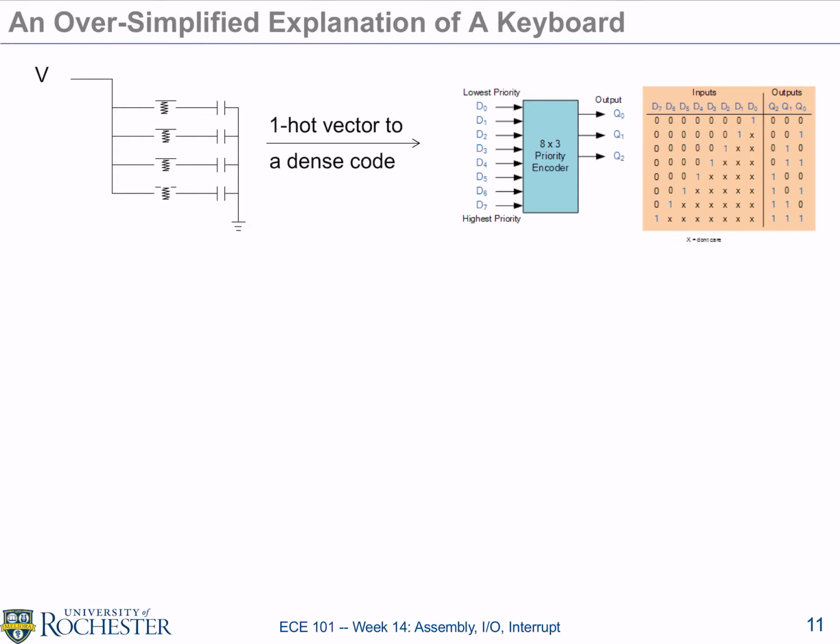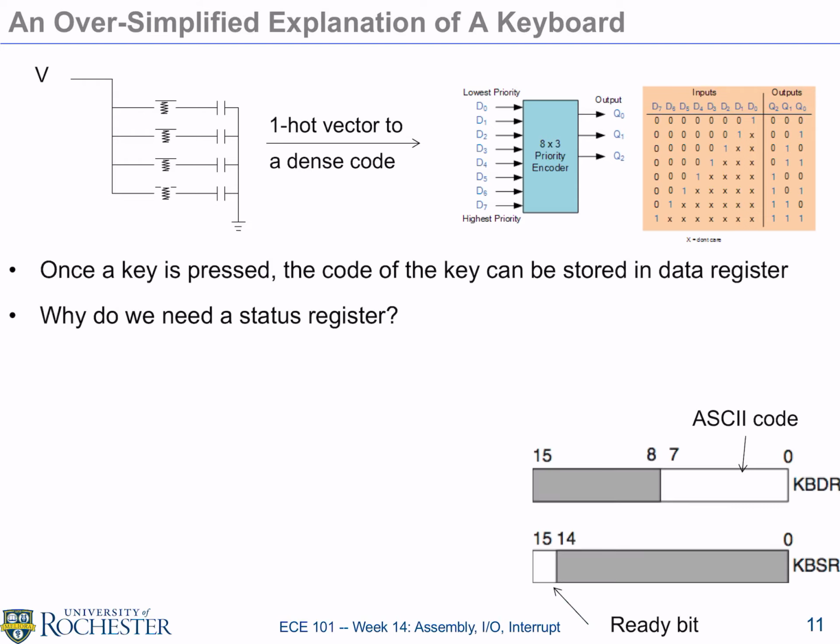But how do I tell the computer? Well, you put it into a register. In our case, I have so many keys, so we can assign 8 bits to it, and that's LC3, right?